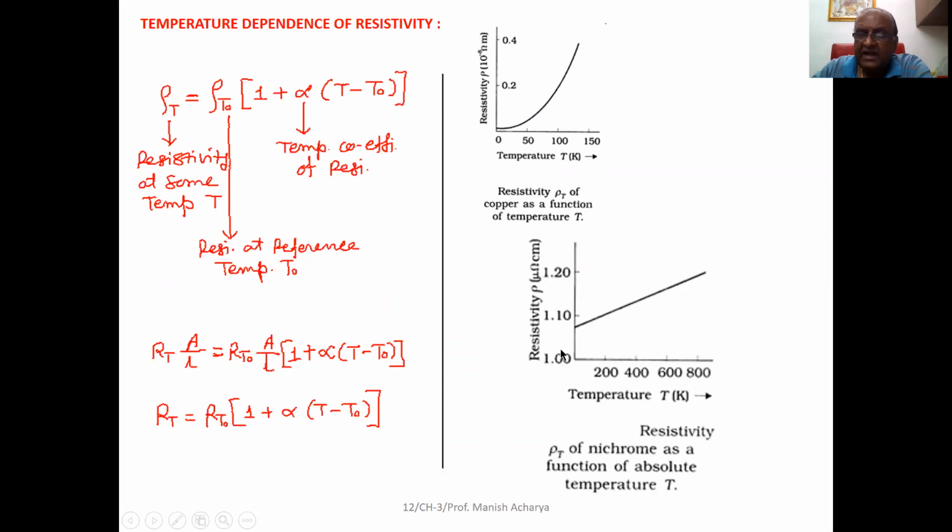Now see here, at 0 Kelvin, the resistivity is this much. Then here at 800, the resistivity is almost up to this one.